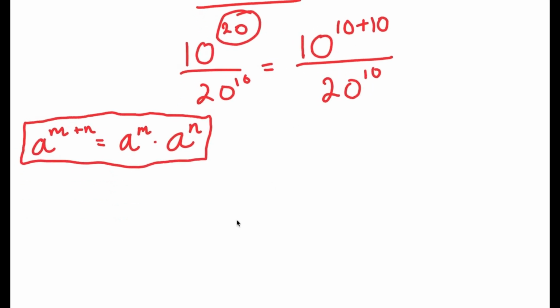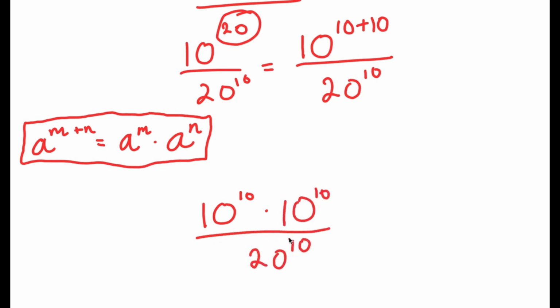So now 10 to the power of 10 plus 10, that's going to turn into, we can think of both 10 as both m and n, so this turns into 10 to the power of 10 times 10 to the power of 10 all over 20 to the power of 10.